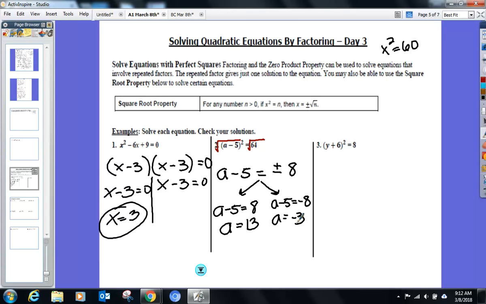Go back to the original problem and type in your calculator A or X, whatever variable you used, minus 5, all squared. Do you get out 64? That's a nice, easy way to check, especially since we're doing this new process. Store in 13, then type in A minus 5 in parentheses, all squared. You should get out 64. And the same thing would happen if you stored in negative 3.